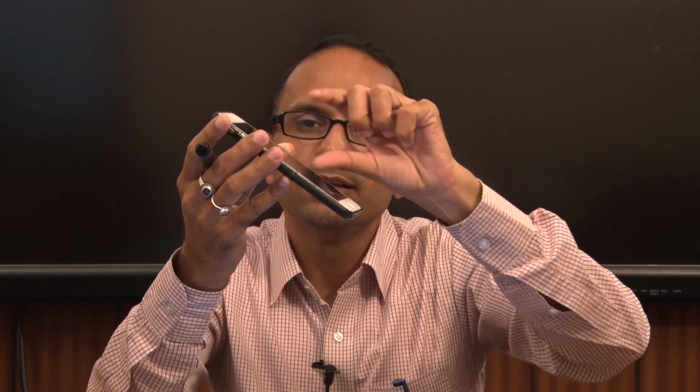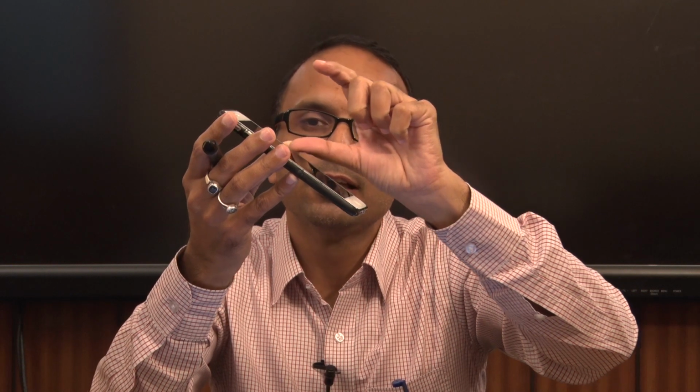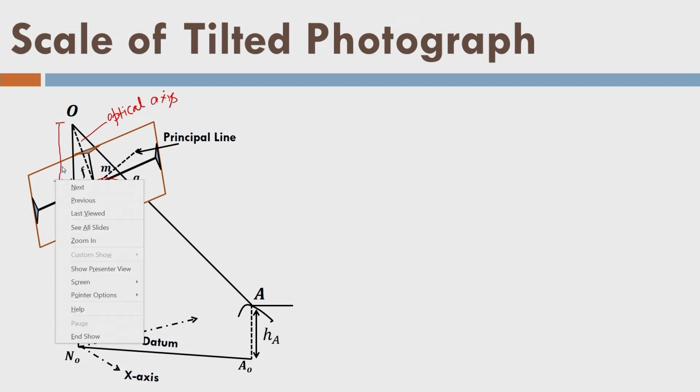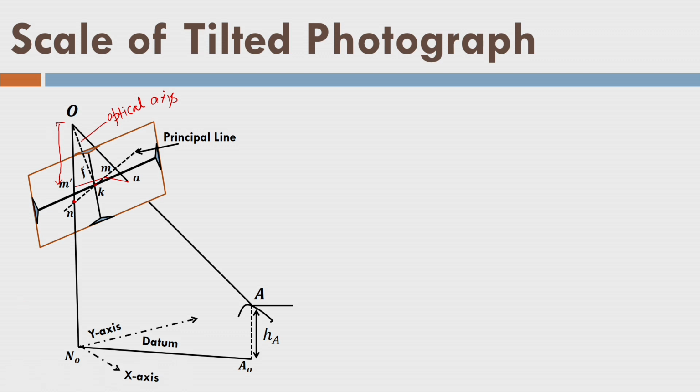So, I know that this distance, which is little smaller than this distance, has to be taken for the scale calculation. So, if I take this distance up to M dash, then this distance divided by the flying height, which is nothing but this distance, is my scale in case of tilted photograph.